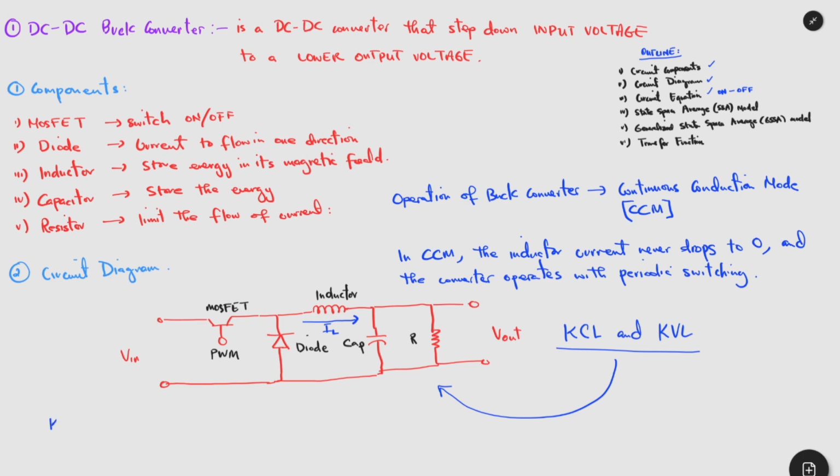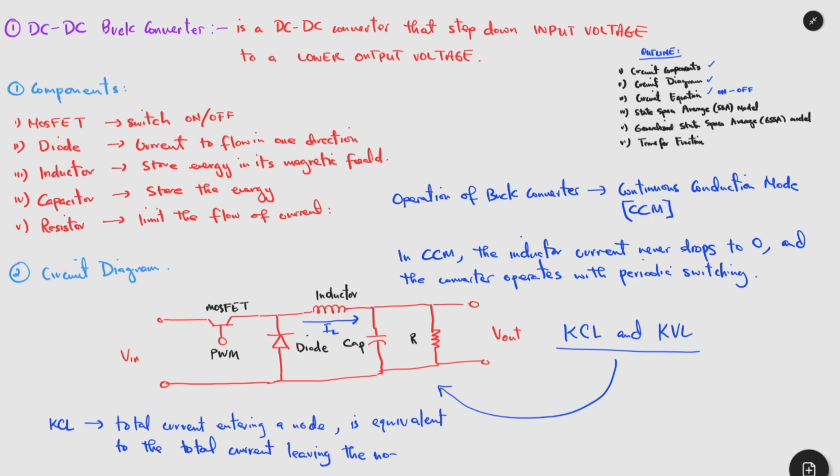And if I can define the KCL, the KCL states that the total current entering a node is equivalent to the total current leaving the node. So what is a node in this circuit? So this is a node.